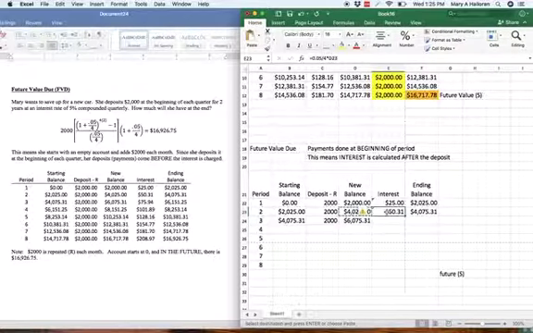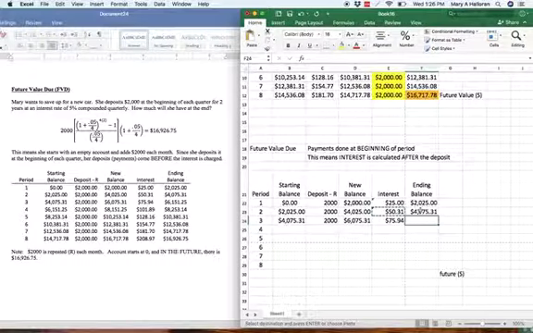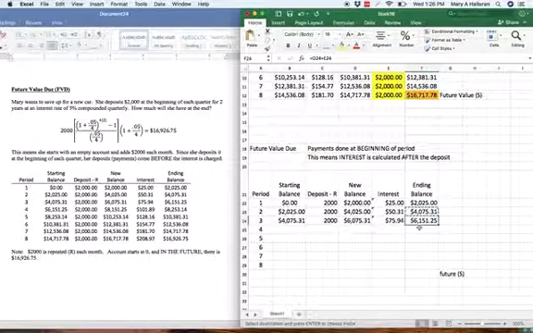This is going to get some interest, 75 bucks. So if I add $75.94 to this balance, I've now got $6,151.